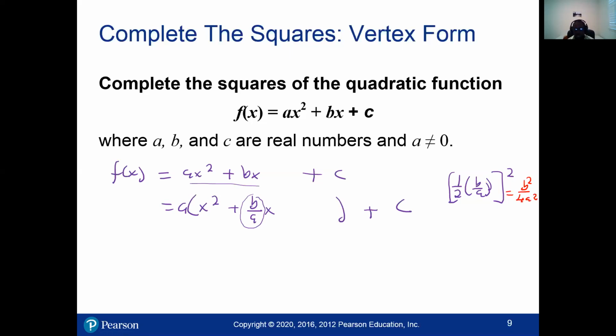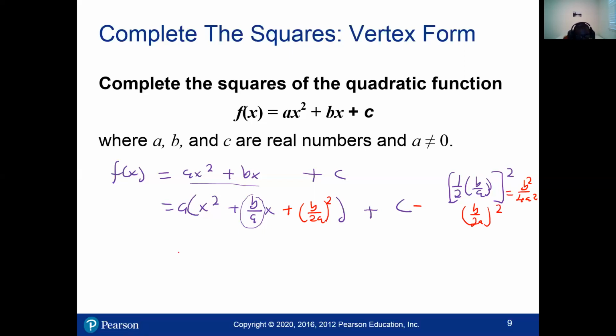If you like, you have b over 2a and square that. Because if I simplify this, this is going to be b over 2a all squared. So we're going to add and then we subtract that same quantity.